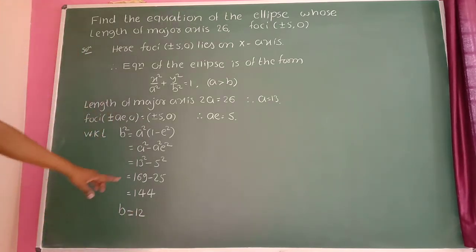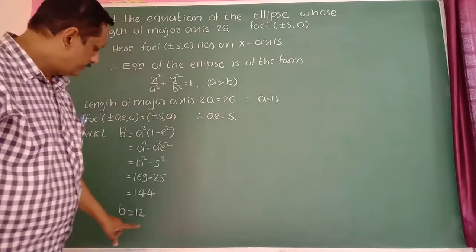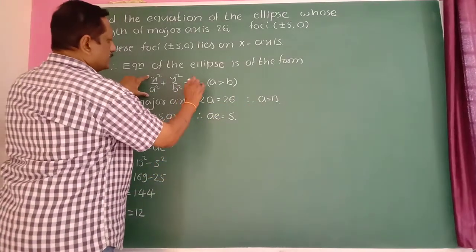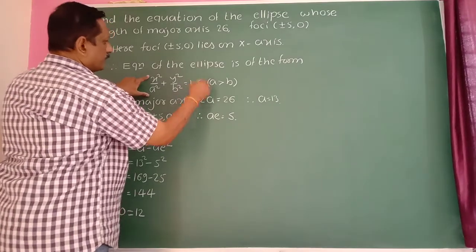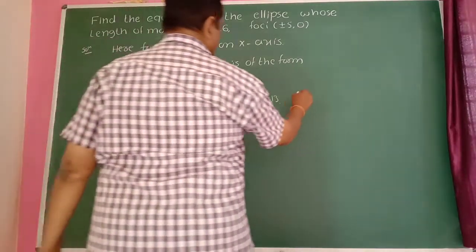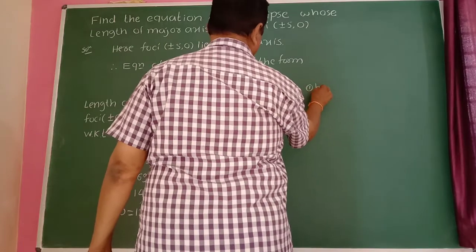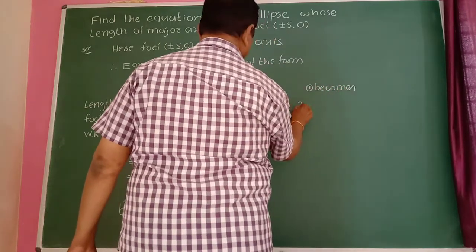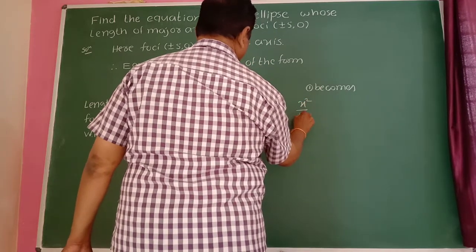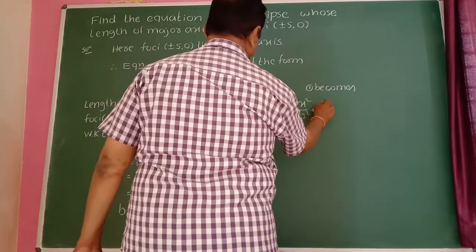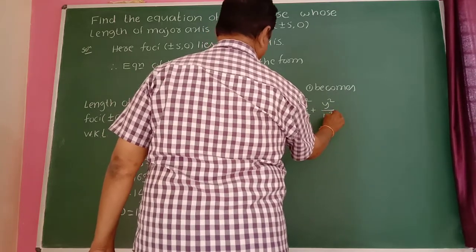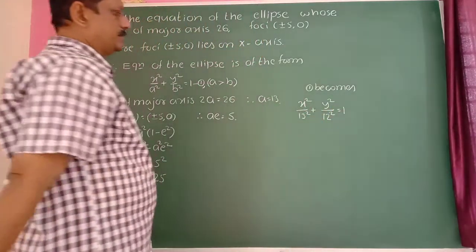So use a value 13, b value 12 in this equation here. Take this one as equation number 1. Therefore, equation 1 becomes x square divided by 13 square plus y square divided by 12 square is equal to 1.